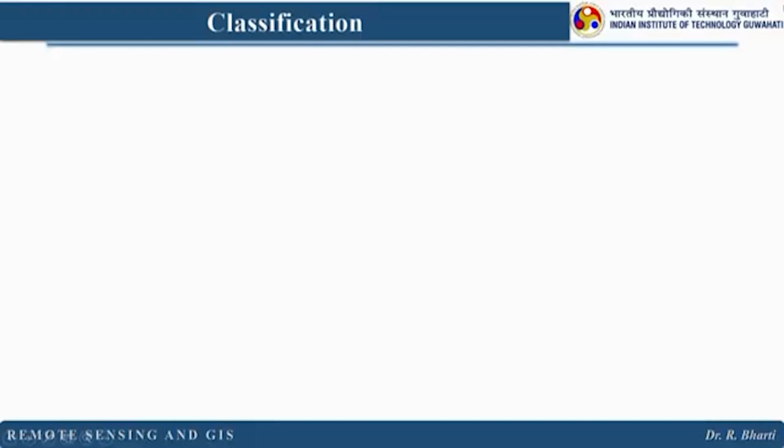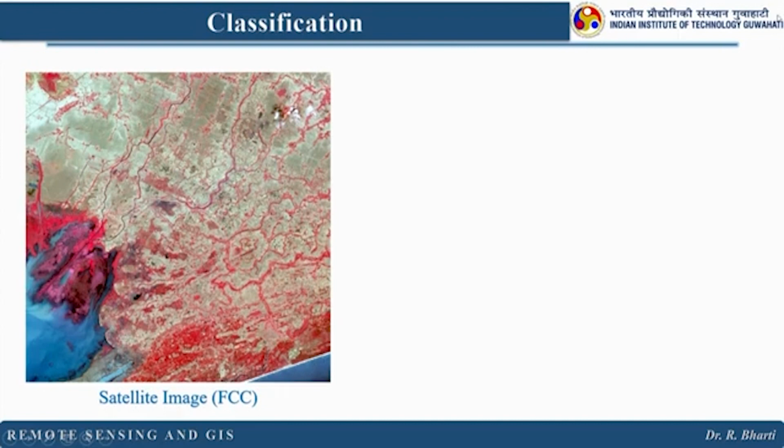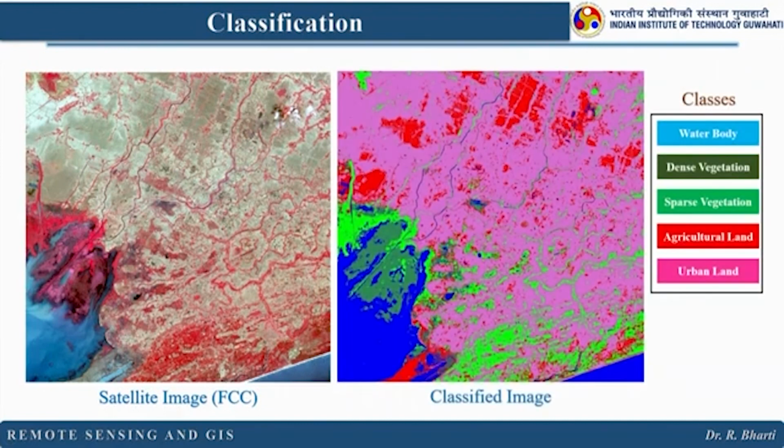Before that I want to show you how these images look after classification. This is one example. Here this is the raw data. Now you are comfortable with how a normal satellite image looks, and this is the standard false color composite, opened with those 3 bands. Now after classification, what is happening here? Different colors are assigned to different pixels.